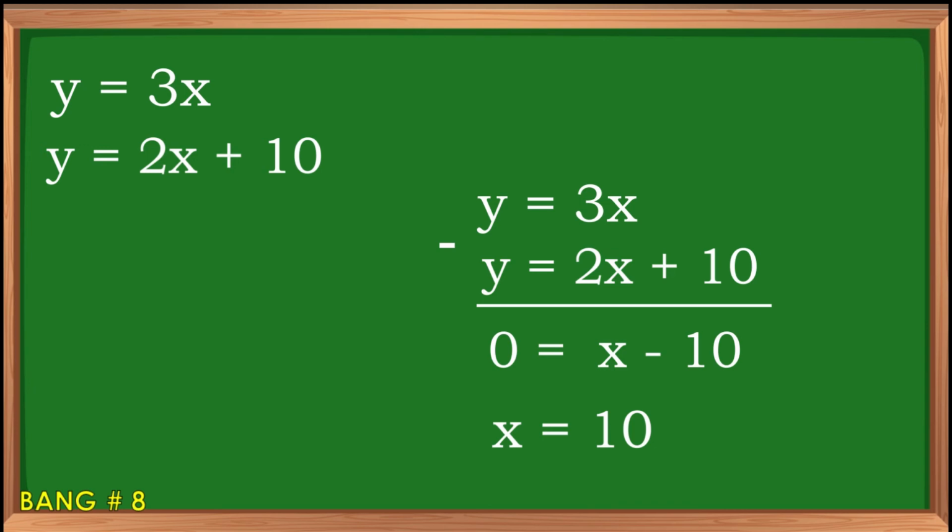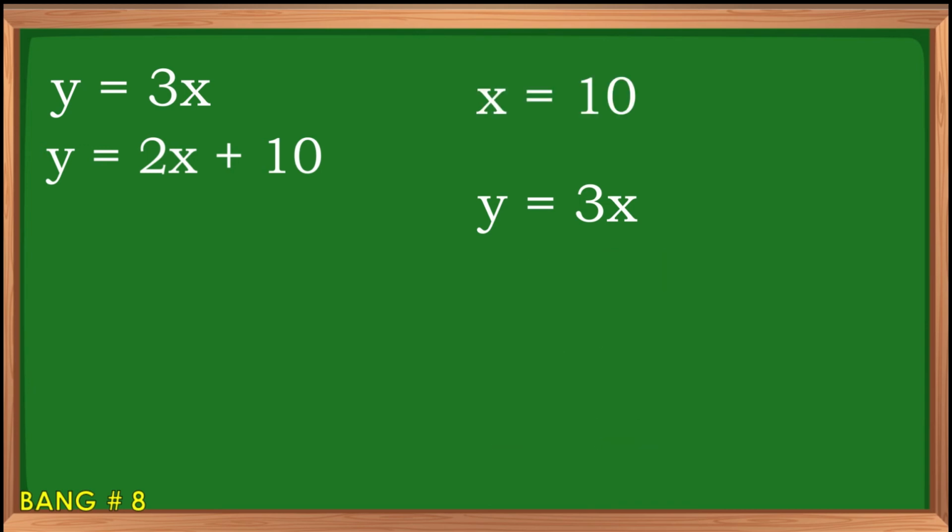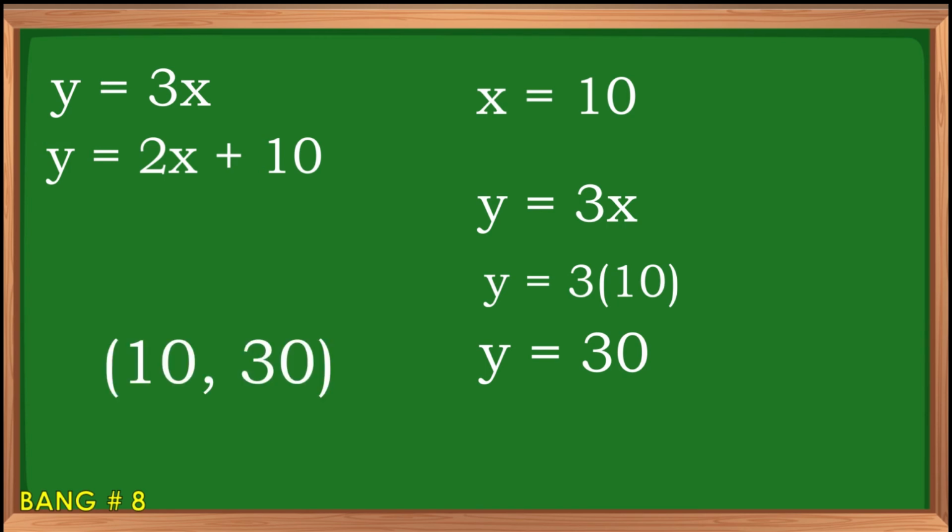To get the age of the mother, simply substitute 10 in the equation y is equal to 3x. That will give you y is equal to 3 times 10. The result is 30. Therefore, the solution of the system is 10, 30. The son is 10 years old while Mother is 30 years old now.